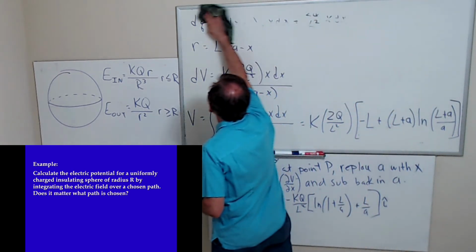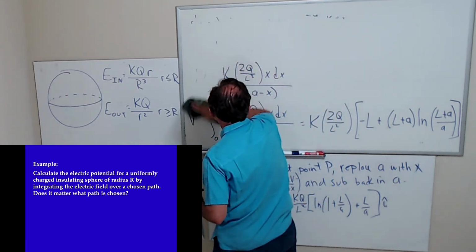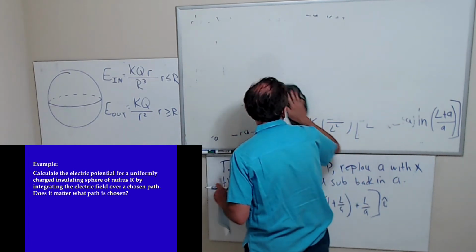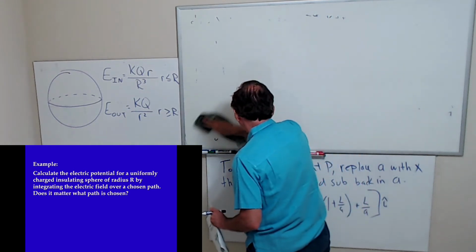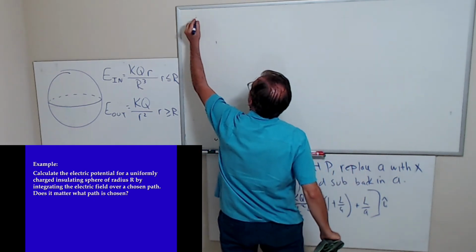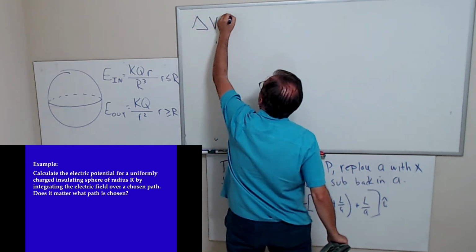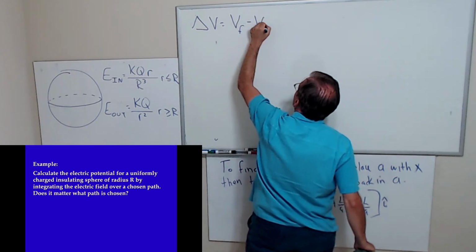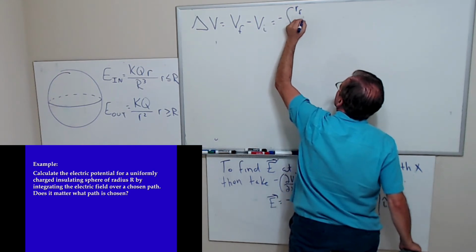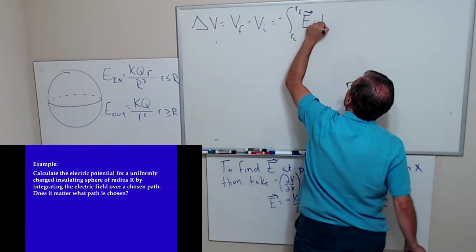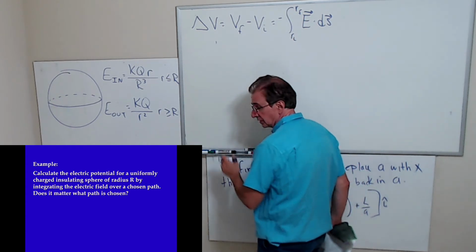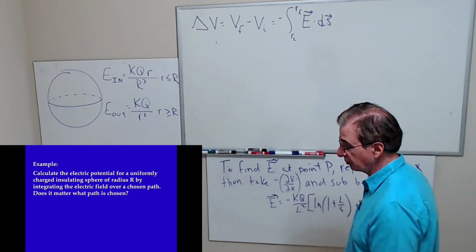So I want to use my expression. I want to write V. I actually want the actual value of V. Now, in order for me to be able to use this, I need to know the electric potential at some point.